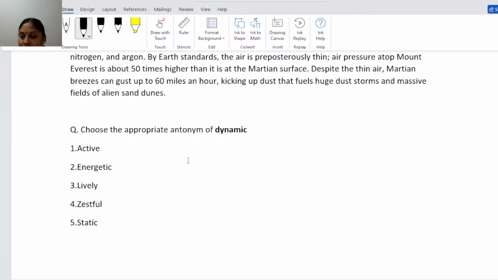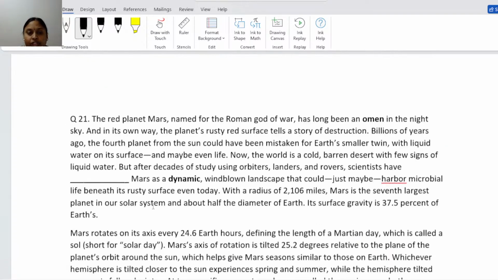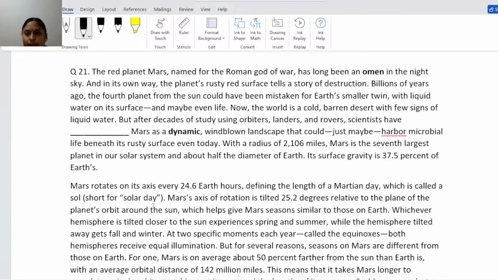Dynamic is nothing but a steady state. So here what will come? Dynamic is nothing but different from the pre-COVID period. So that's why we have to take static as the opposite word. So next we will go for the next question.